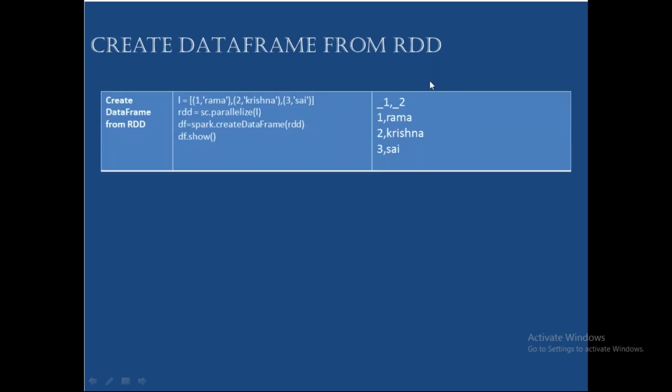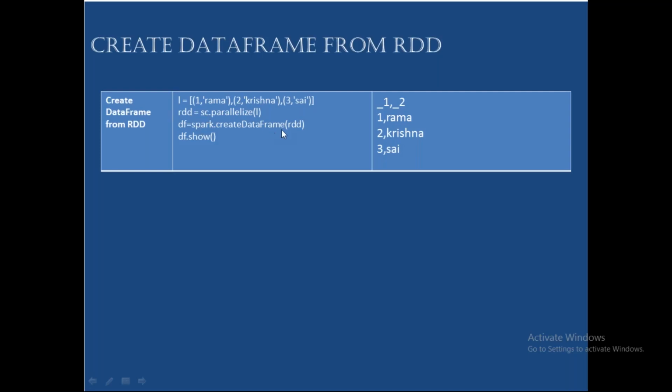Next, create data frame from RDD. So how to create RDD? L equals 1, Rama, 2, Krishna, 3, Sai. Then sc.parallelize. Once you create the RDD, you can pass this RDD object to spark.createDataFrame, which we were using to create a data frame.